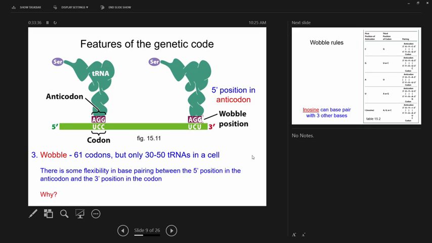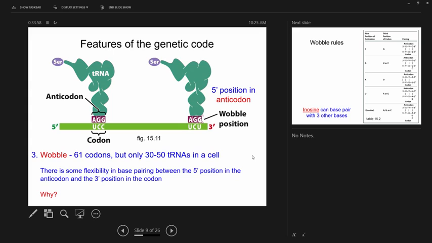So there were never like 61 transfer RNAs in the cells. There were a lot fewer. So how can that be? And again, it's not written on this slide, but Francis Crick came up with what he termed the wobble hypothesis, which actually turned out to be true again.